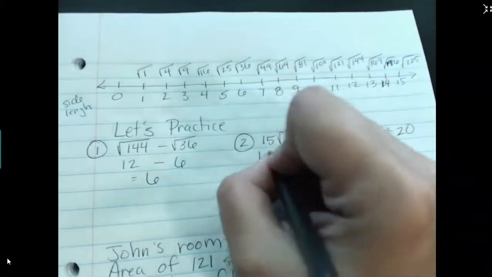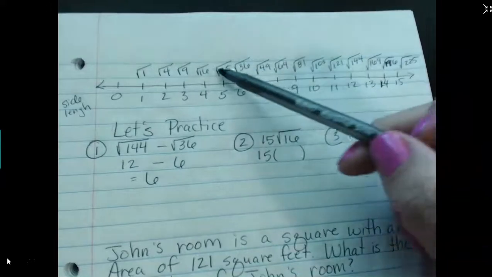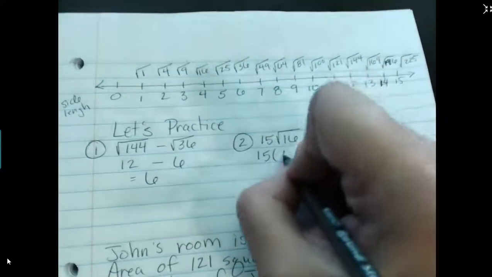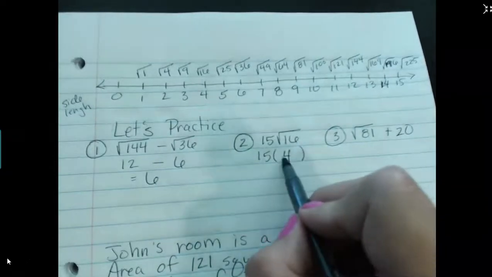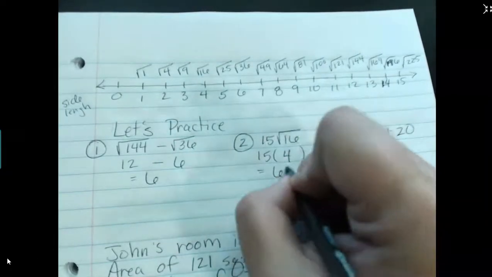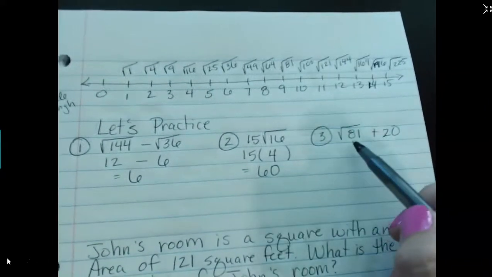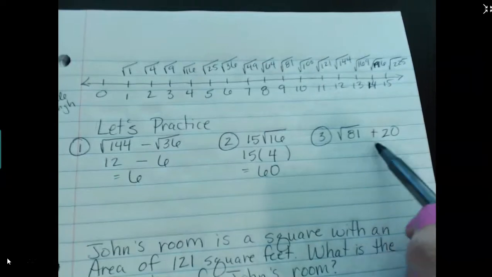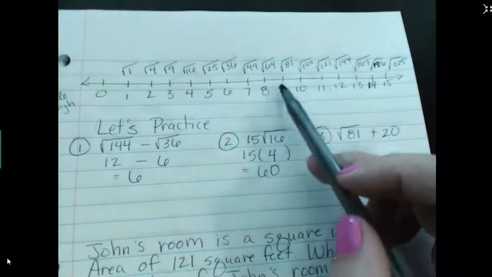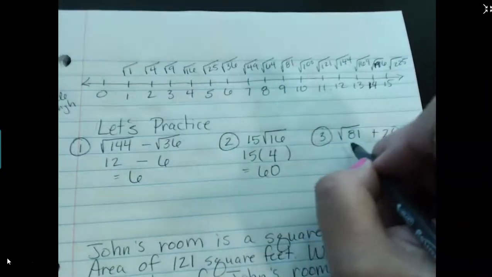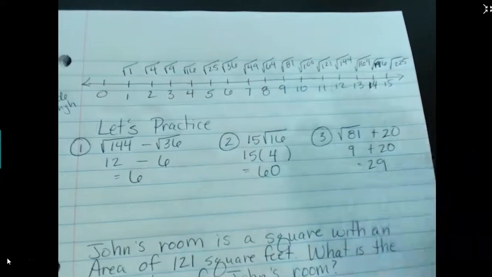So let's rewrite it: 15 times the square root of 16, which is 4. 15 times 4 is equal to 60. There we go. The square root of 81 plus 20. First we're going to do the square root. The square root of 81, 9 times 9 is equal to 81. So the square root of 81 is 9, plus 20, which is equal to 29.